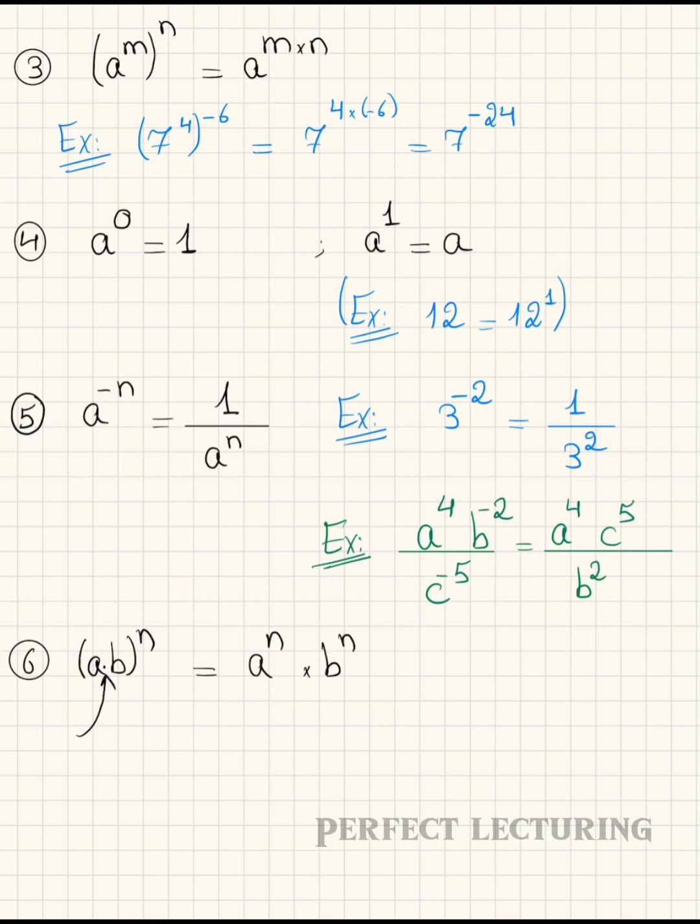So if I am multiplying two numbers, and there are parentheses and there is an exponent outside these parentheses, I can simply distribute this exponent. Example, if I have, let's say, 2 times 5 to the power of 4, I can simply say it is 2 to the power of 4 times 5 to the power of 4, so I am just distributing the exponent.